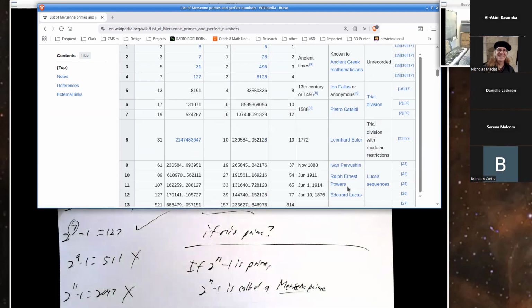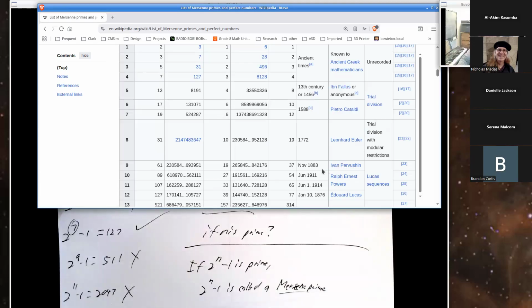So he discovered properties of sequences of numbers that you could generate based on this exponent. And if that sequence had certain properties, you could conclude that this corresponding Mersenne number was prime or not prime.